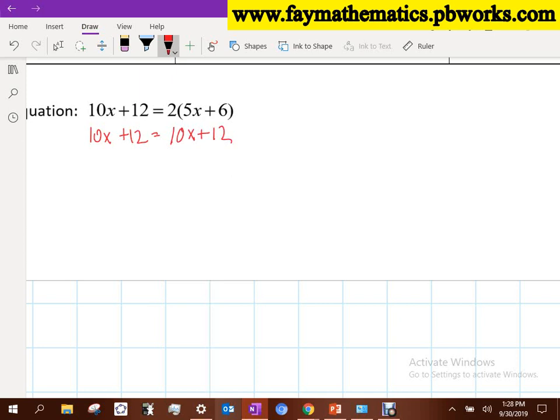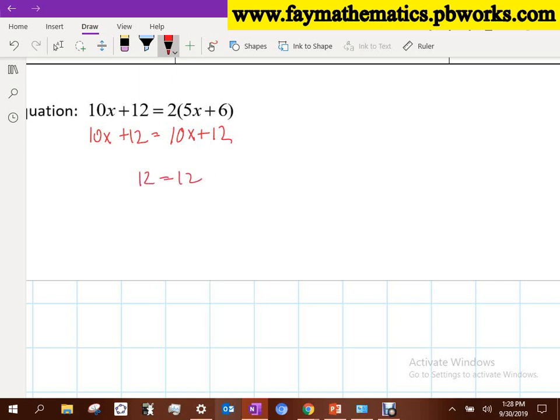You could quit here because why? Okay, good. Because both sides are identical, right? Okay, when things are identical, you see that next word down there on your worksheet, it says identity, right? No matter what you plug in for x here, you're going to get the left-hand side equal to the right-hand side.